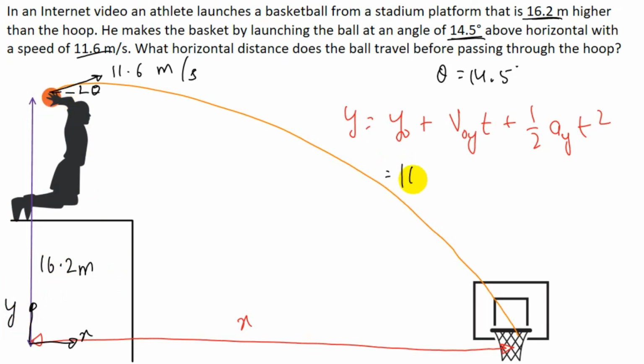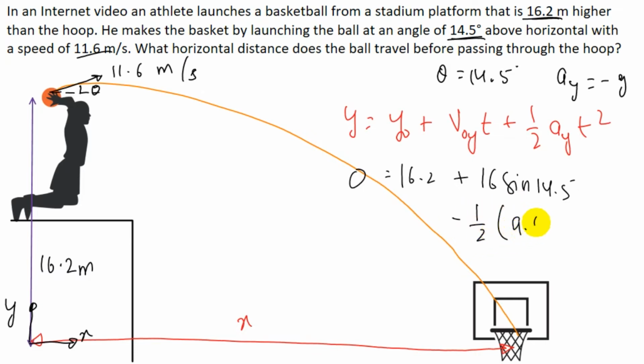So this is 16.2 meter, the y0, and y becomes 0. v0y we have 11.6 sine theta, where theta is 14.5 degrees. Acceleration ay we have minus g. So minus 1/2, g is 9.81, times t square. And one thing I missed out, this should be multiplied with t.